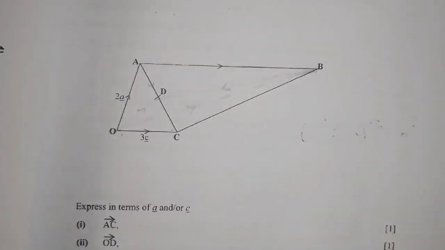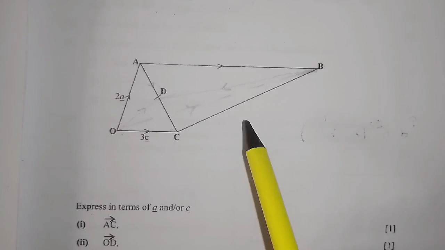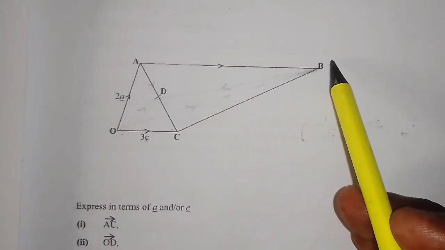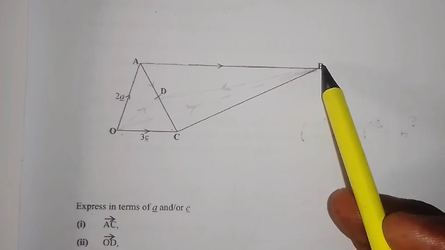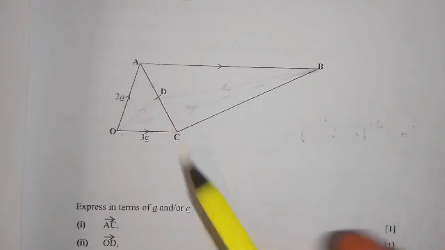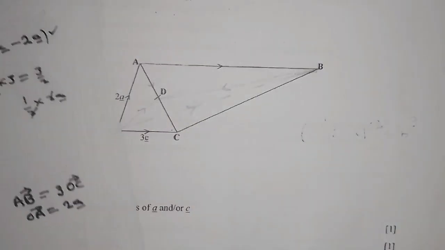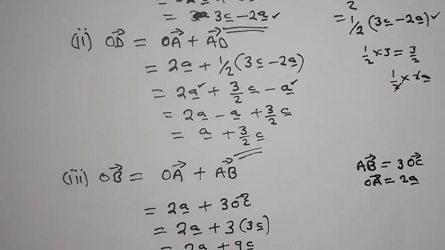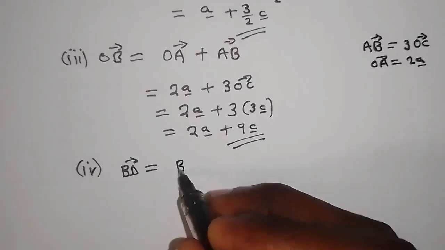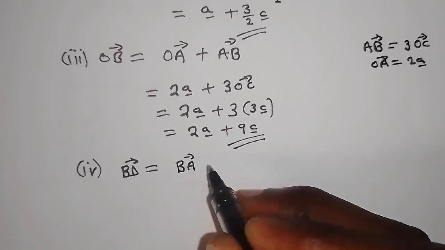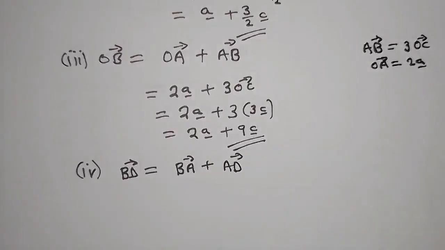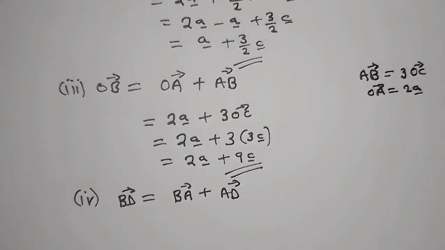So BD can just be equal to BA plus AD. As simple as that. So BD equals BA plus AD.